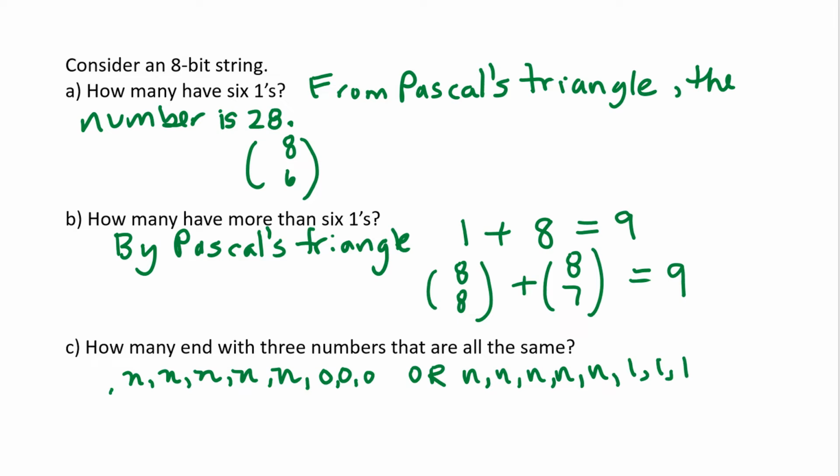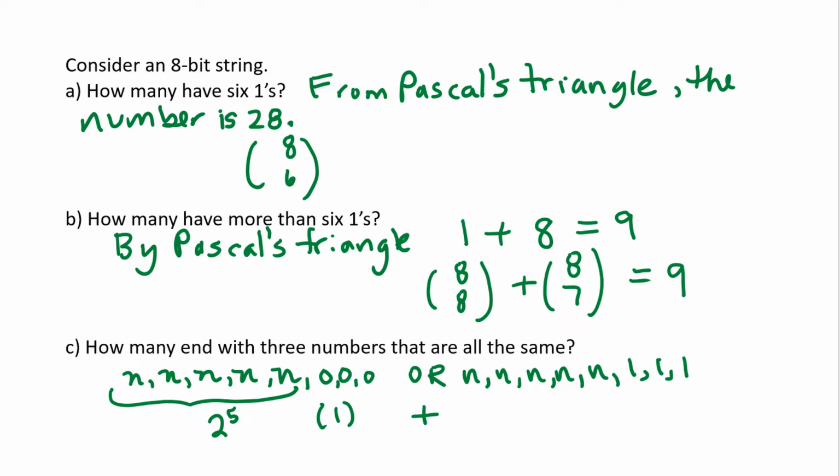Let's note that for the first 5 digits, there are 2 to the 5 different ways in which you can have this arrangement. There is only one way to get 0, 0, 0 for the last 3 digits.